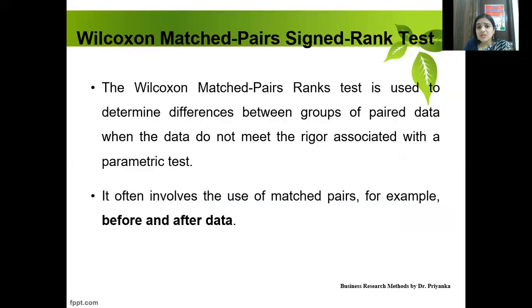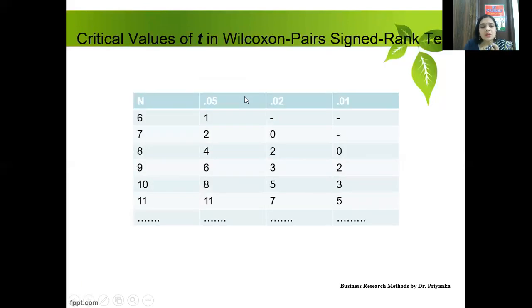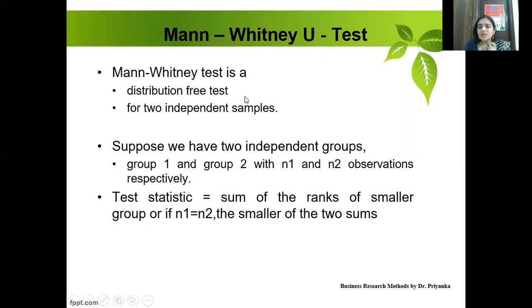So it was telling us we are doing this particular analysis on pairs, then we calculate the signs and rank the whole thing, right? And we did all of them step by step. Now the Mann-Whitney U test is basically for independent samples, right?